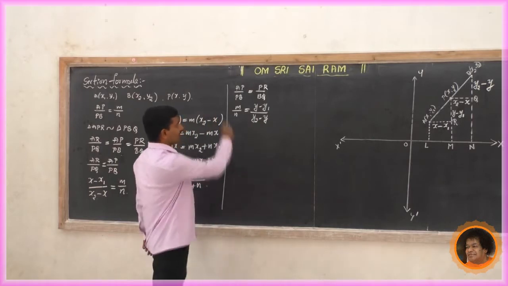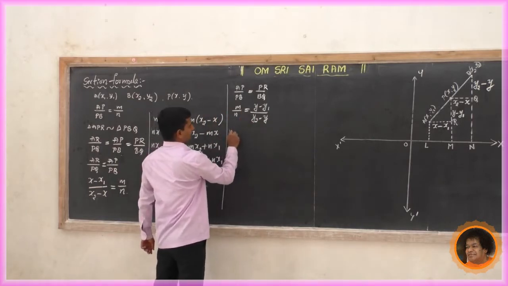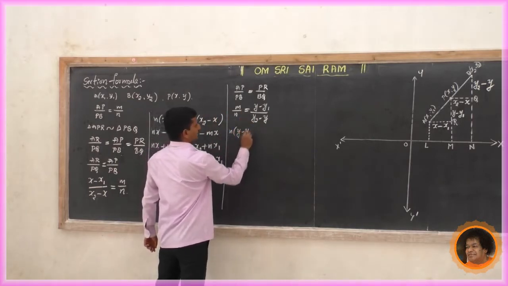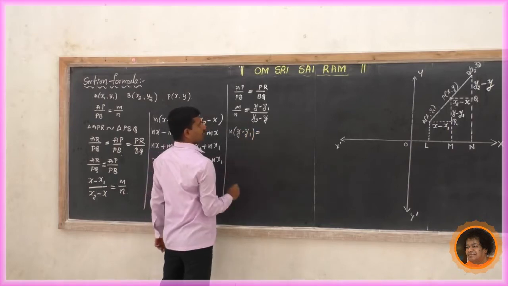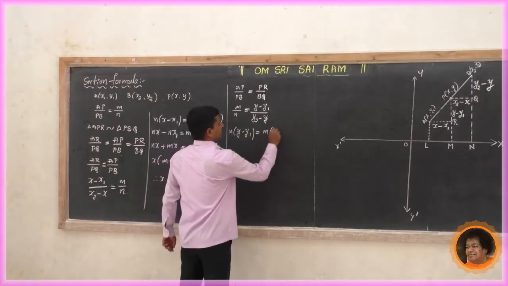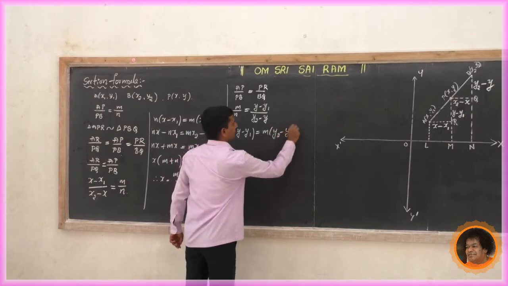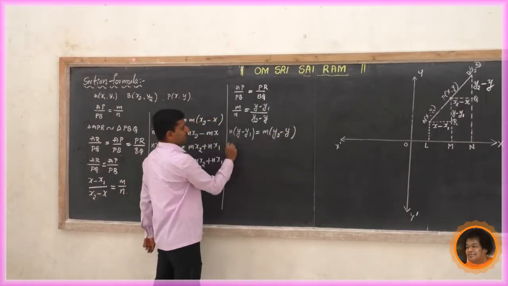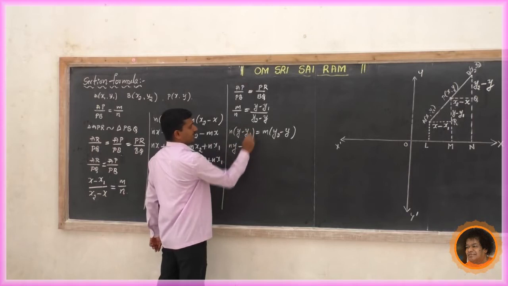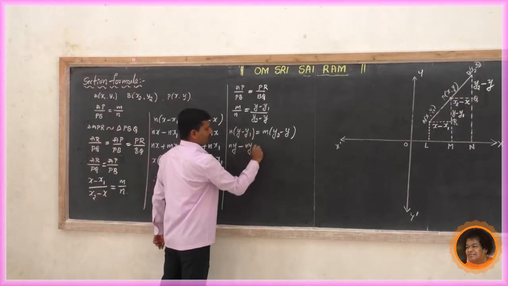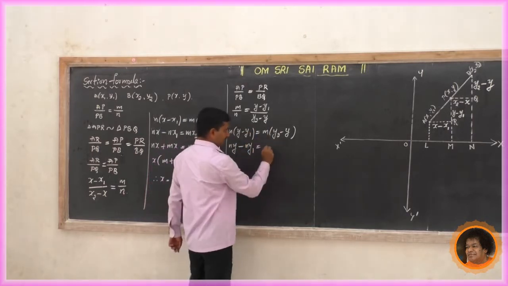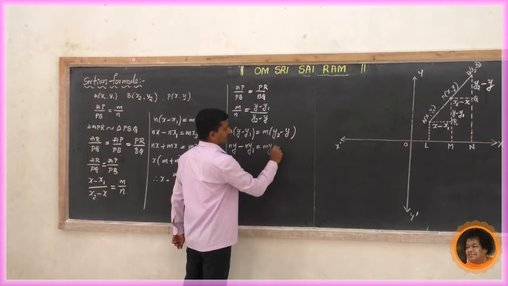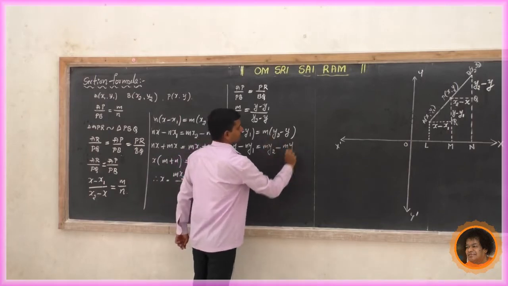Now cross multiply: n into y minus y1 equal to m into y2 minus y. Now multiply n into y, that is ny, minus n into y1, ny1, equal to m into y2, my2, minus my.